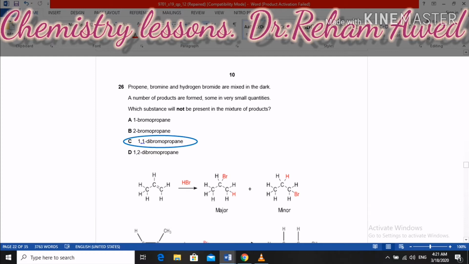Second product, CH3-CH2-CH2Br. It is the minor product, formed in a small quantity because it is not preferred according to the stability of the carbocation. So the two products will be formed.